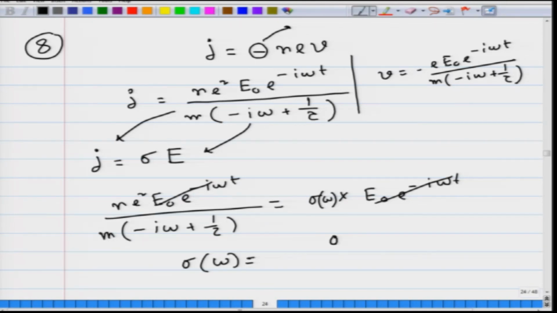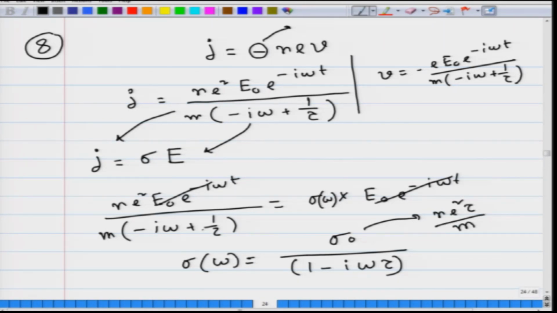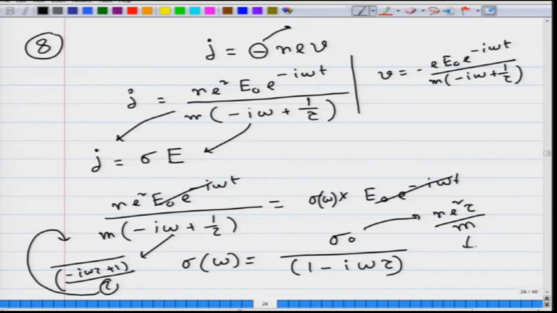So here we get sigma naught by 1 minus I omega tau, where sigma naught is n square tau by m. We can make this tau minus I omega tau plus 1 simply, and this tau will go on the numerator, and thus this is the DC conductivity of the metal. So we get that the frequency dependent electrical conductivity will be like this, and this is option A.